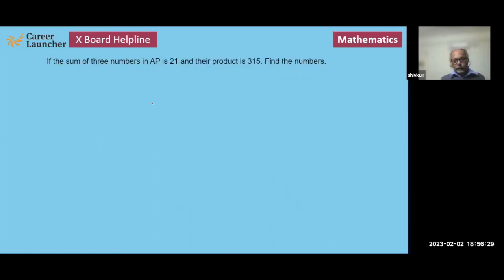परफेक्ट. ये जो question है थोड़ा combination है, combination of not only your arithmetic progression concepts, but also the concept of quadratic equations is included in this case. इस question में आप वो 3 numbers को कैसे लिखोगे, वो काफी महत्वपूर्ण बात है, क्योंकि that will make the question easy या difficult.